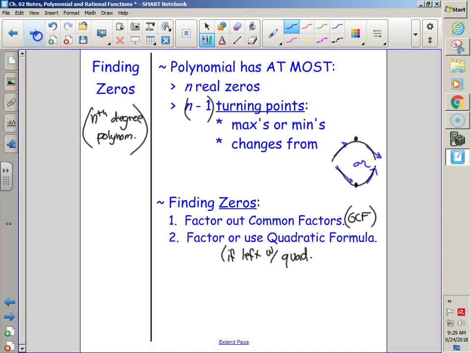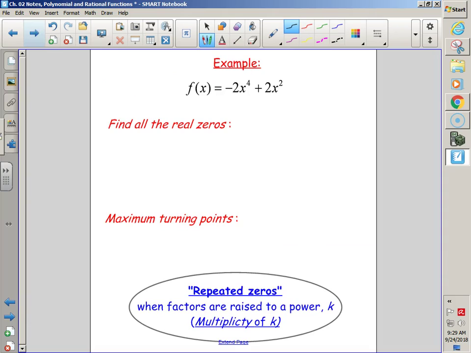If you're not left with a quadratic, we're going to a future section which is a little bit harder, with things like the rational root theorem, the factor theorem, the remainder theorem, synthetic division, long division. These ones are going to be fairly basic zeros, though, because to factor this, what's the very first thing you would do? Yeah, you would pull out a negative 2 squared, and you would end up with an x squared minus 1, which we could then go ahead and keep factoring, right?